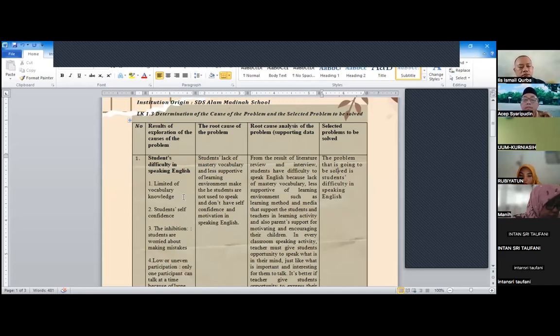So the media and method that I have to change, so they can improve their skill in speaking. So use the learning media and also the learning model that can improve their skill in speaking.